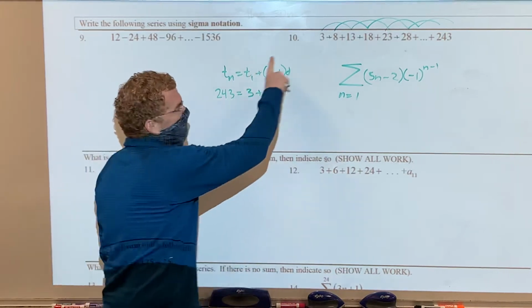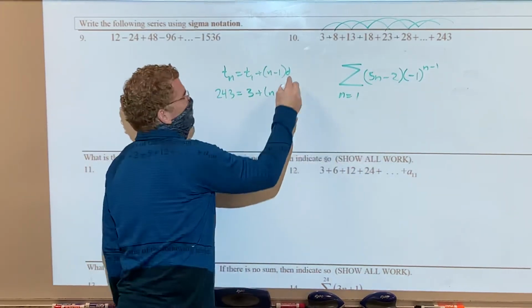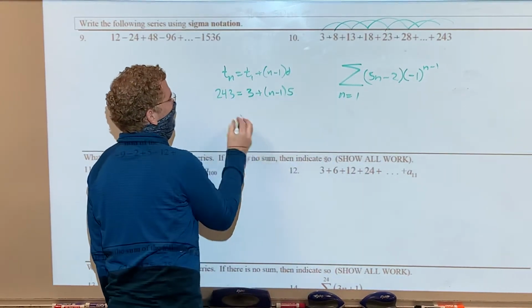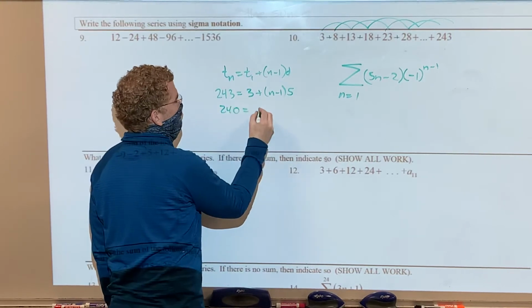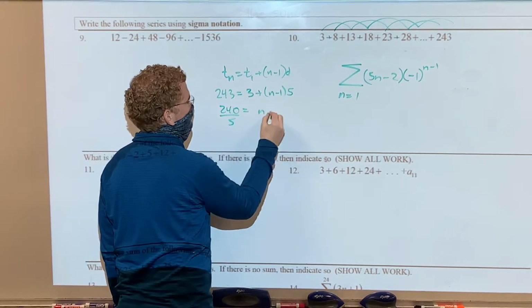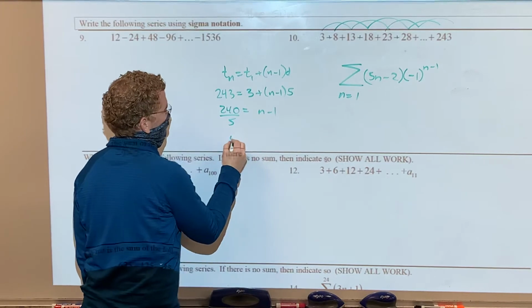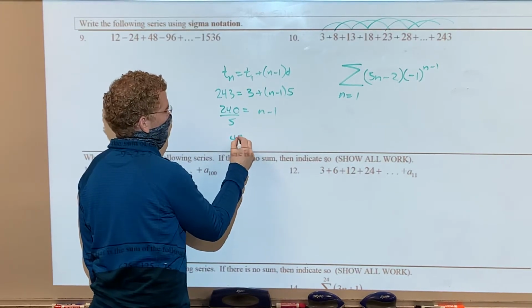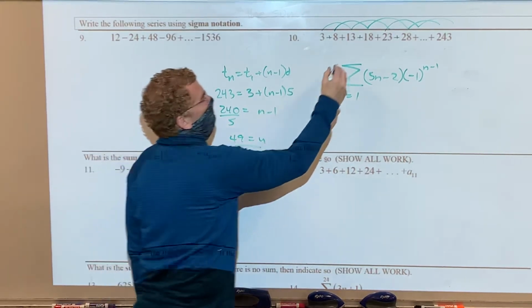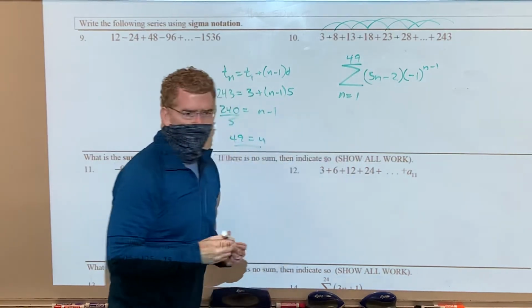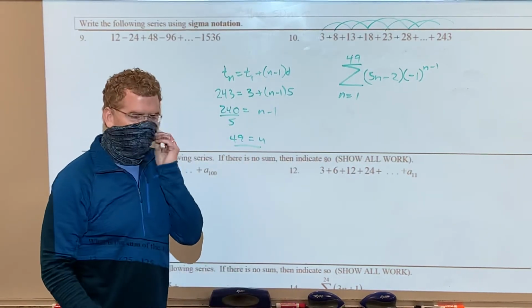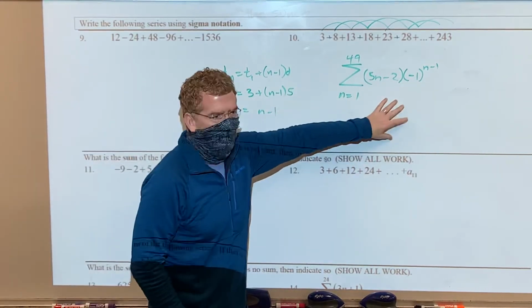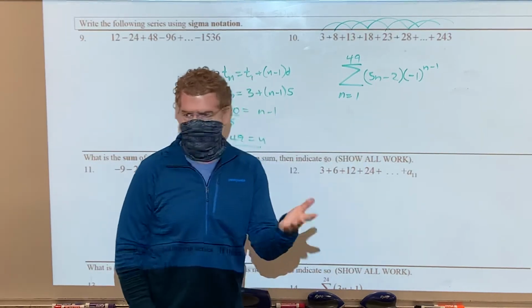But if I treat it like it's all positive, then I can treat it like it has a common difference, and I can actually solve that for that place. So it's a weird kind of a problem, but I can write it there. You just have to do a little pretending to be able to see it.